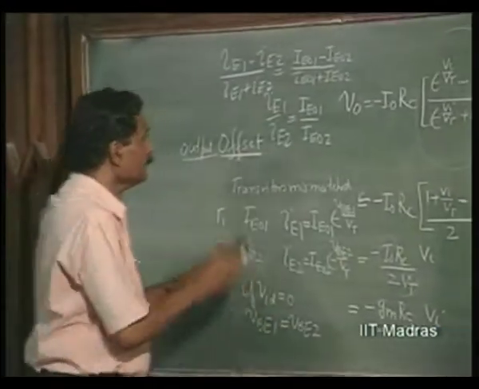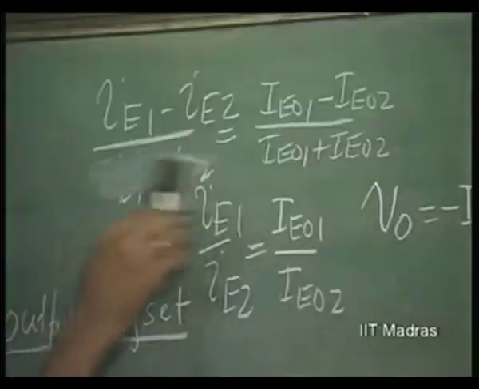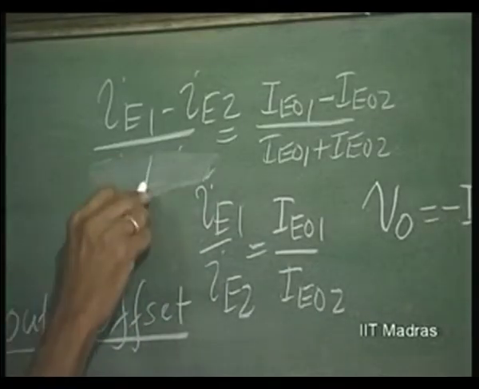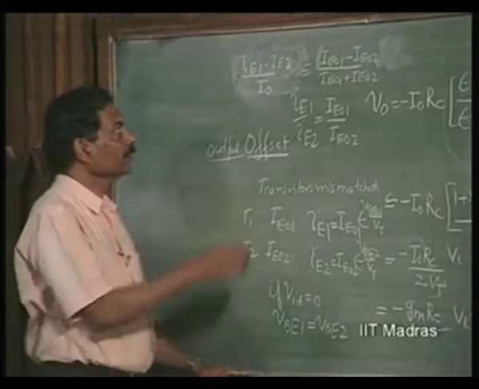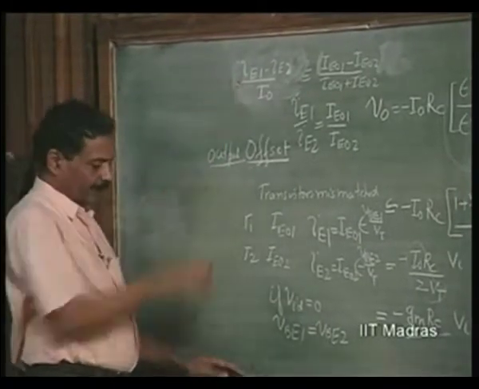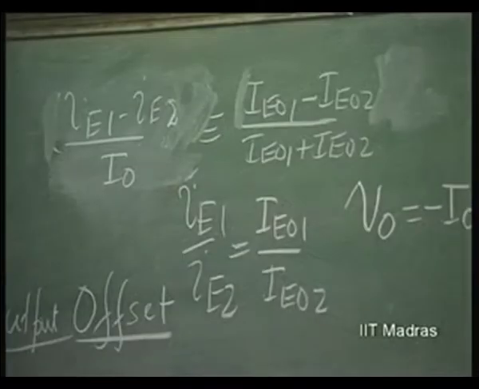That is always equal to I0, and IE1 minus IE2 is equal to IC1 minus IC2 by alpha.